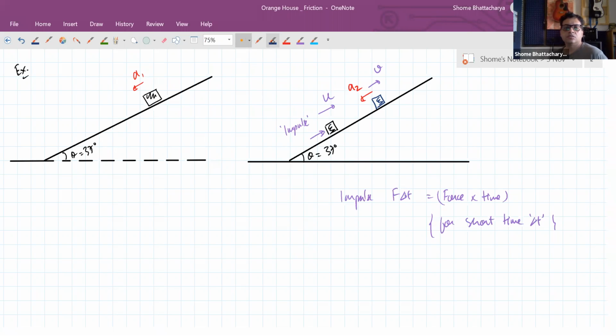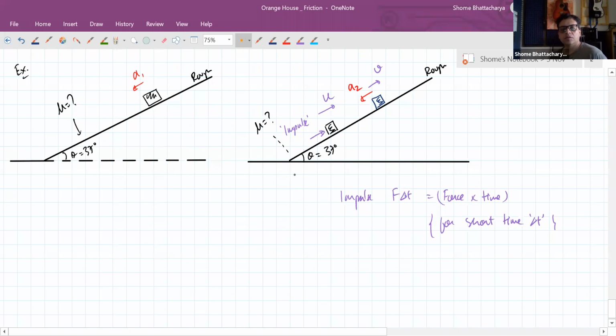Okay. So this is the same rough inclined plane whose coefficient of friction we don't know. Okay. But it's rough. Okay. So now we'll have to figure out the coefficient of friction and the deceleration in the second case.